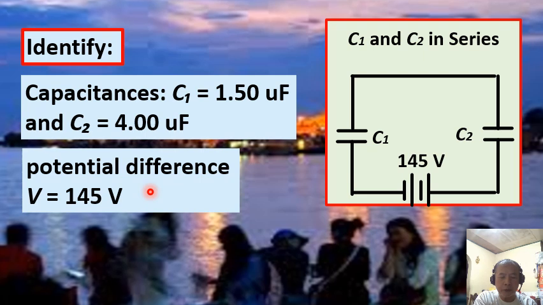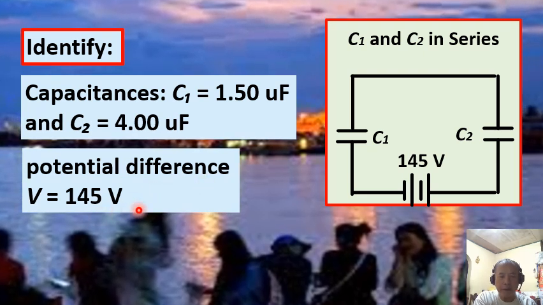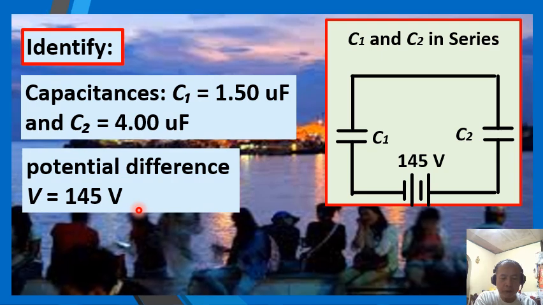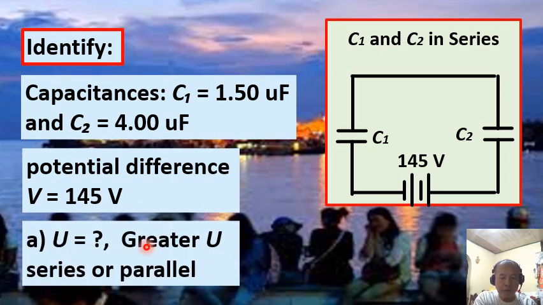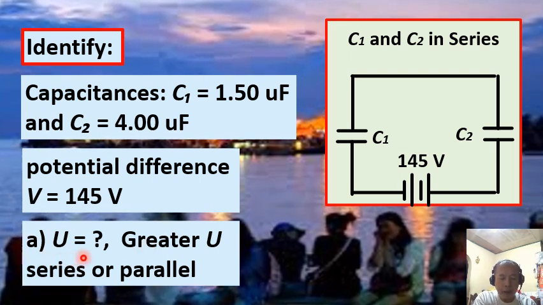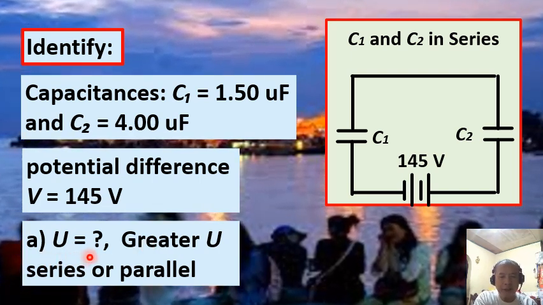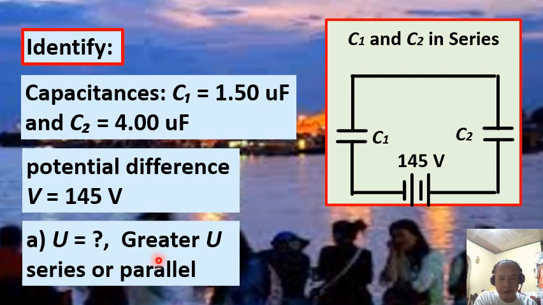The total voltage or potential difference is also given, equal to 145 volts. And we are to find letter A, the amount of electric potential energy that is stored in the capacitors.